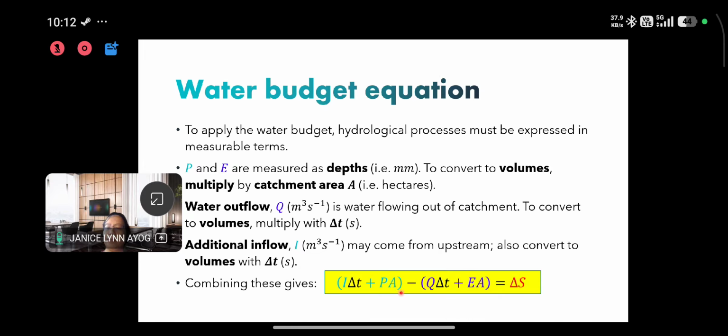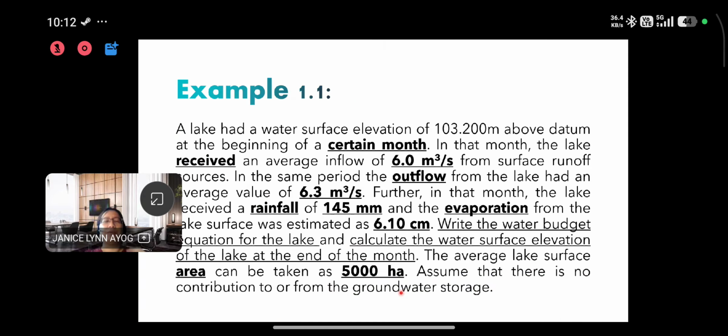Now, let's have a look at the examples. I'm going to read through this. A lake has a water surface elevation of 103.2 meter above the datum at the beginning of a certain month. It's not clear which month, it's just a certain month. In that month, the lake received an average inflow of 6.0 cubic meter per second from surface runoff sources.